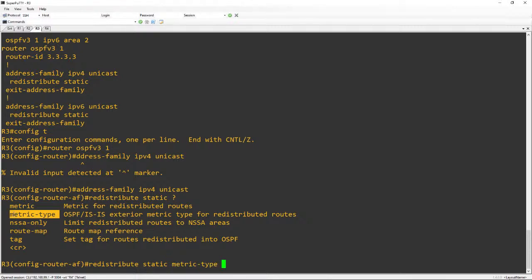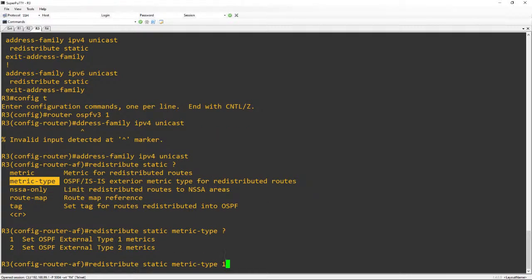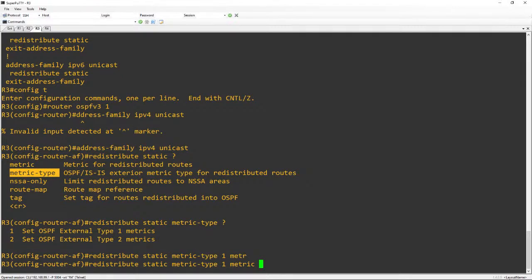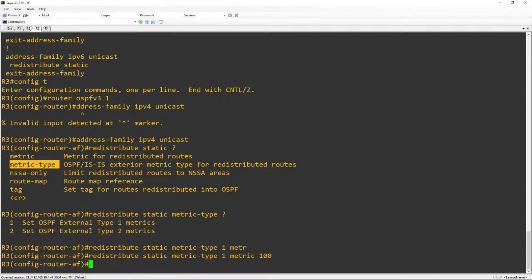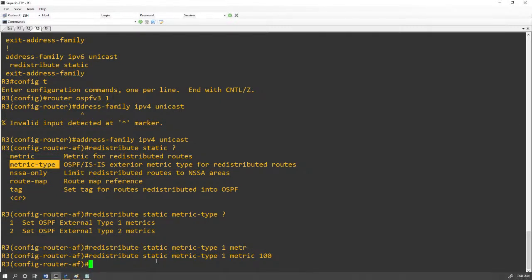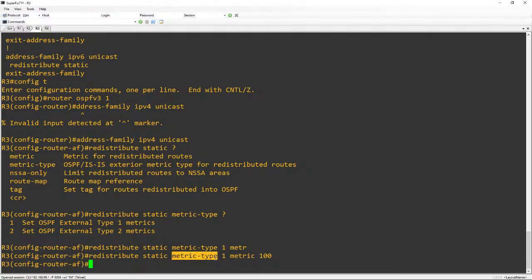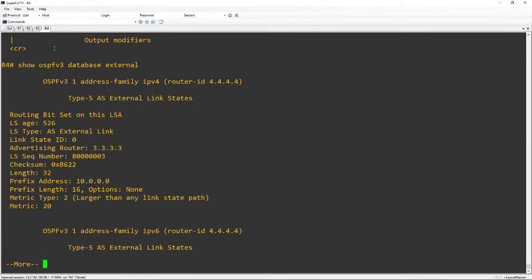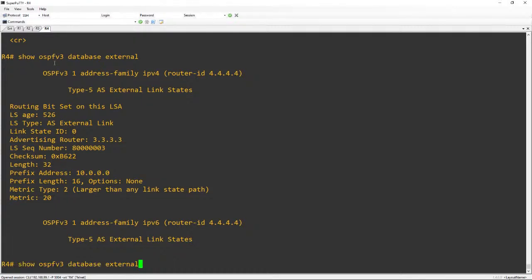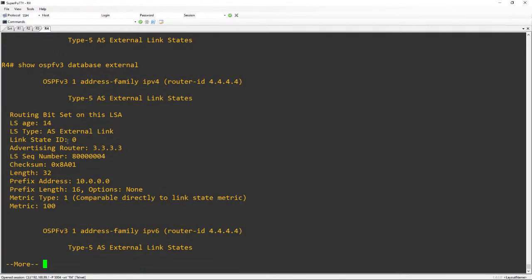So I could say metric type 1 for E1, and then I could say metric if I want to put in a default seed metric or a different seed metric than the default. So basically I'm just redistributing. Now I'm sending it as an E1, and I'm putting in a seed metric of 100. So now if I come into my router, I'll see that reflected here. It's coming in as a type 1.